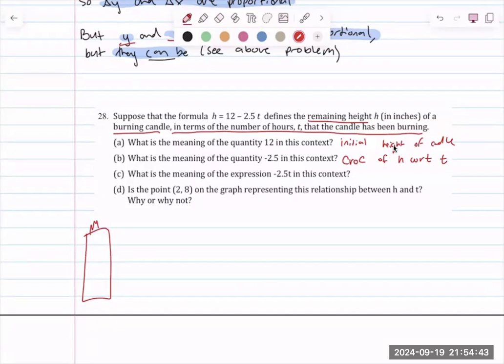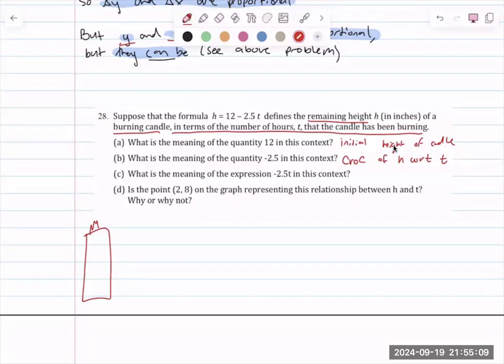So after a certain amount of time has passed, our candle length has changed by negative 2.5 times that amount. So after 1 hour, our candle length has decreased by 2.5 inches. After 2 hours, our candle has decreased by 5 inches, right?